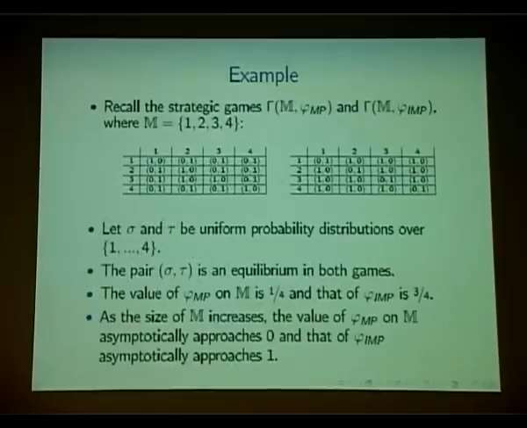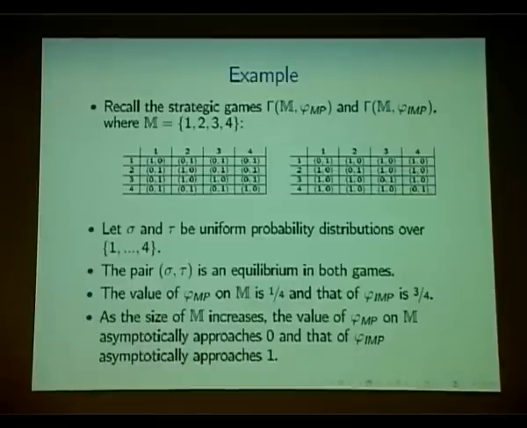So if we return to the two sentences which I presented before, then the uniform probability distributions just form an equilibrium in both games. So the value of the first game is 1 divided by 4, and the value of the second game is 0.75. As the size of M increases, the value of the first sentence asymptotically approaches 0, and that of the inverted magic penny asymptotically approaches 1.